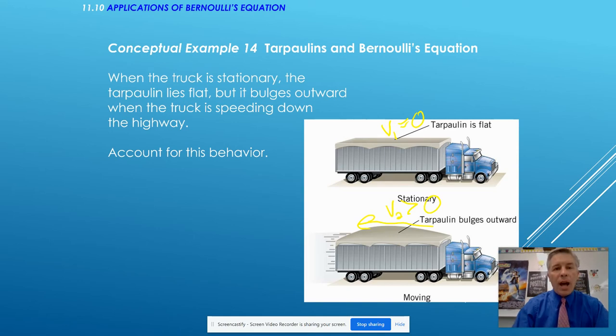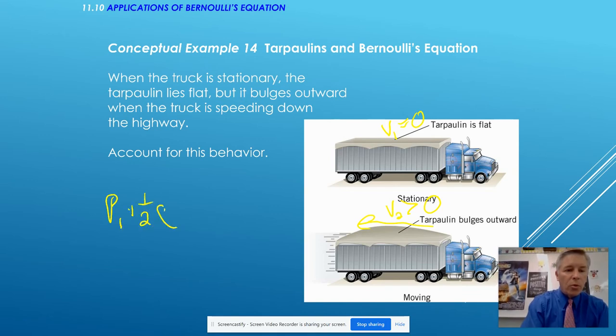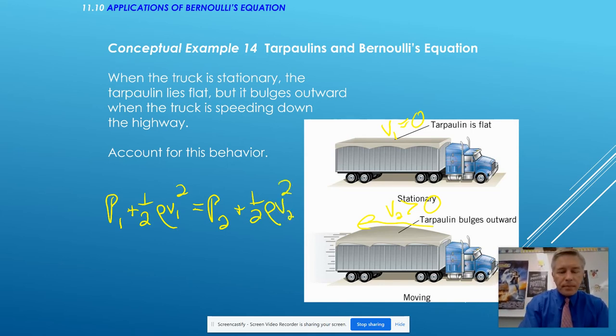One of the things you're going to find for Bernoulli's equation is that if I have pressure 1 plus 1/2 rho V1 squared equal to pressure 2 plus 1/2 rho V2 squared, assuming the densities are the same, since it's air, the same fluid, if this speed is greater than this one, then this pressure has to be lower.